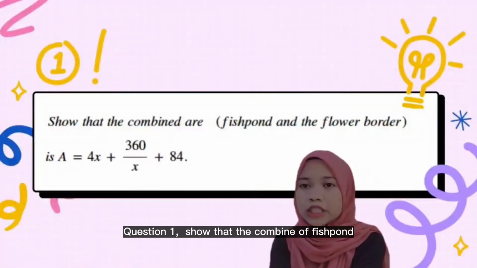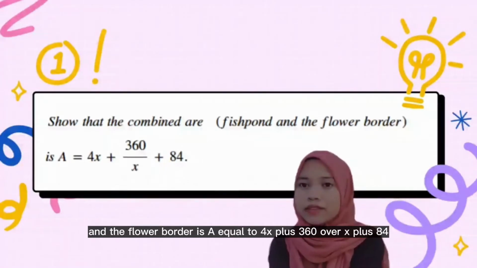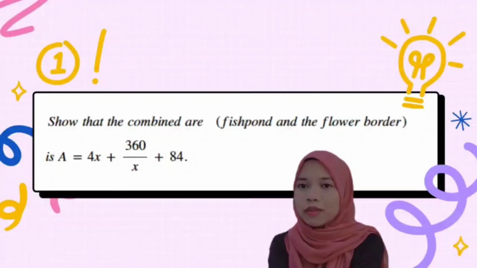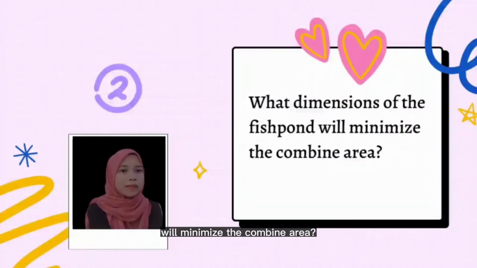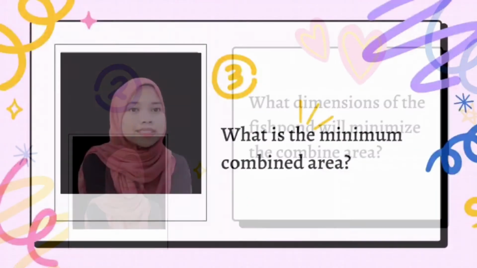Question 1. Show that the combined area of the fish pond and the flower border is A equals 4x plus 360 over x plus 84. Question 2. What dimensions of the fish pond will minimize the combined area? Question 3.